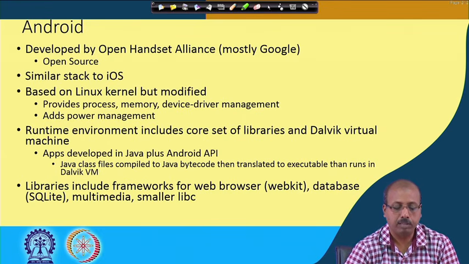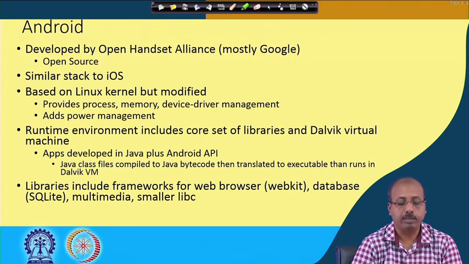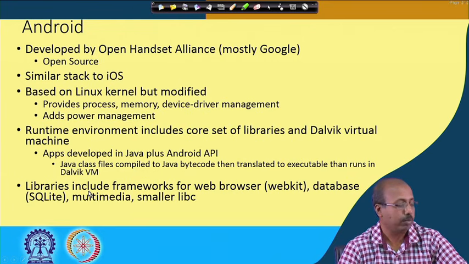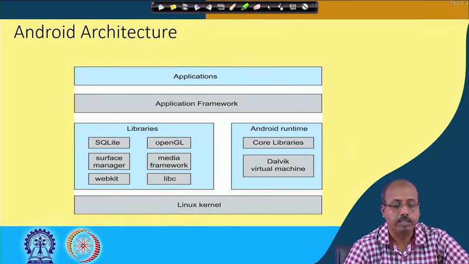Libraries that we include are frameworks for the web browser, that is WebKit, database, SQLite, multimedia, and a smaller libc. These are simplified versions of standard modules and software that we have in, for example, Linux. That helps make the operating system lighter, so that it can be put onto these mobile devices.